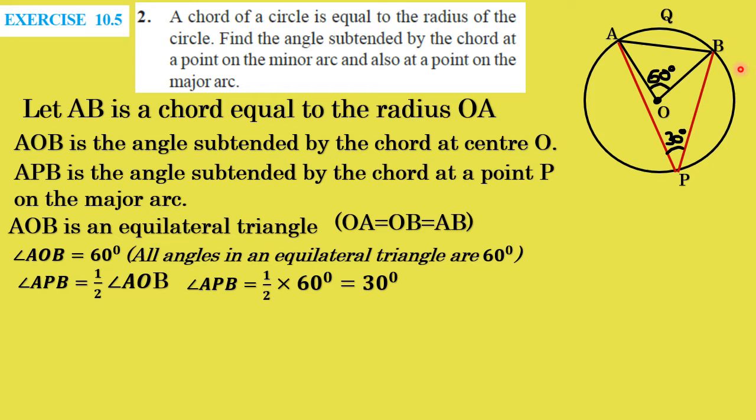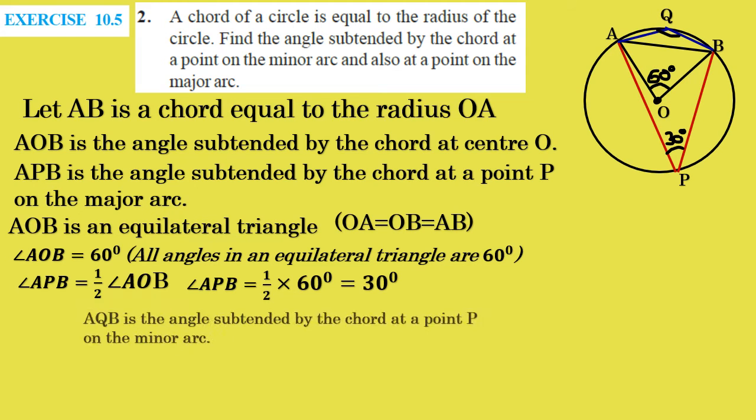Now next we have to find the angle subtended at a point on the minor arc, that is angle AQB. So to find the angle AQB, we need to find the reflex angle, that means the angle subtended by this major arc APB at the center. So AOB is 60. So what will be its reflex angle?